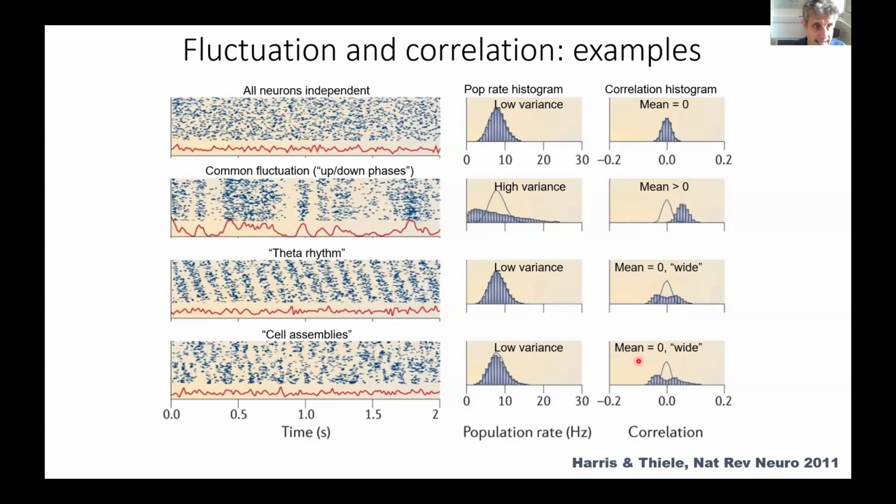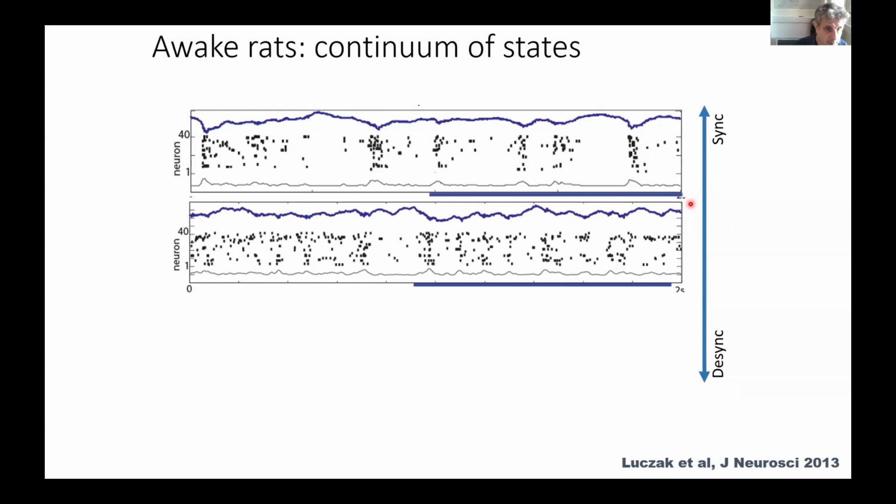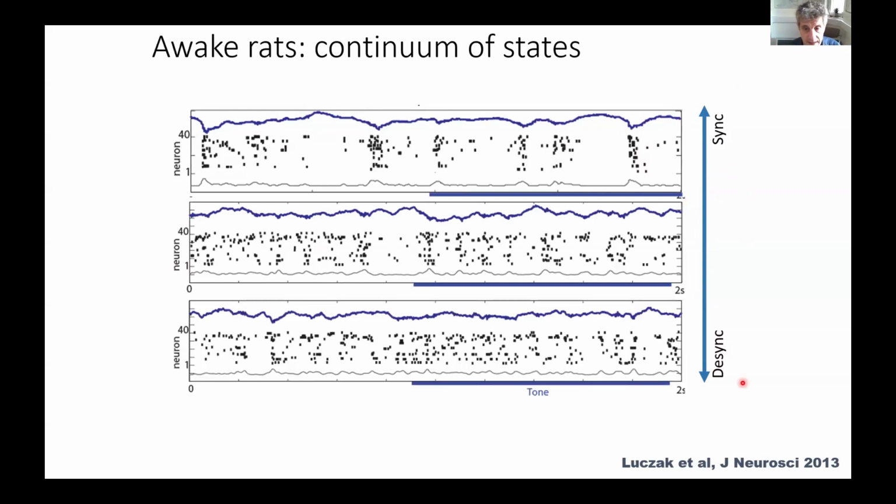So the brain state is desynchronized when you have low population rate variance and a 0 mean correlation, and it's synchronized, and that's this top one, but also these bottom two, when you've got a high variance and a positive mean correlation. All right, and in awake subjects, you see a continuum of these states between the more desynchronized and the more synchronized states. The example I showed before was from a synchronized state.